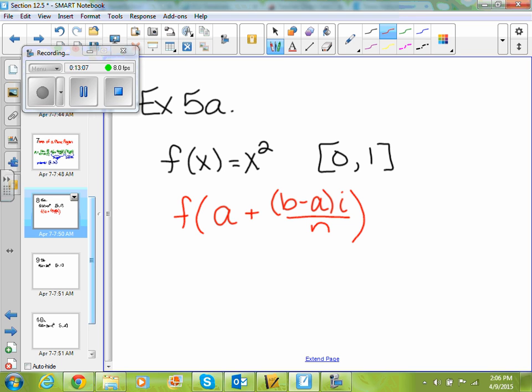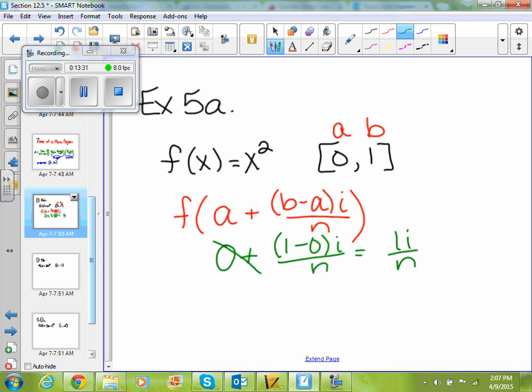Okay, and I know that a and b come from my interval. So if I directly sub in a and b, then I get 0 plus (1 minus 0)i over n. So the 0 cancels, 1 minus 0 is 1, i over n. So this is my height.